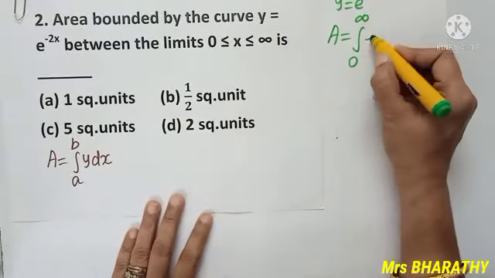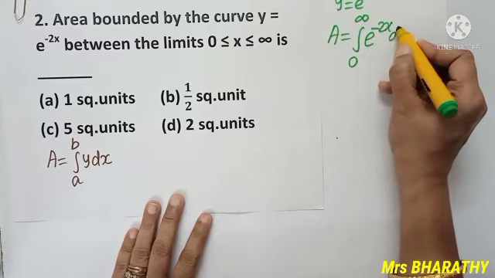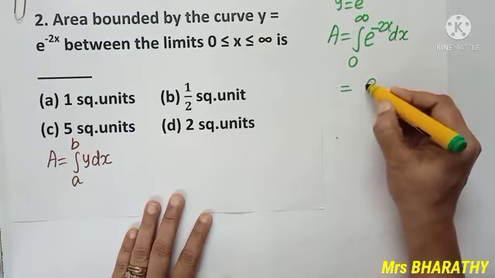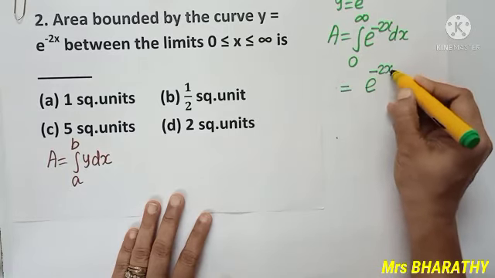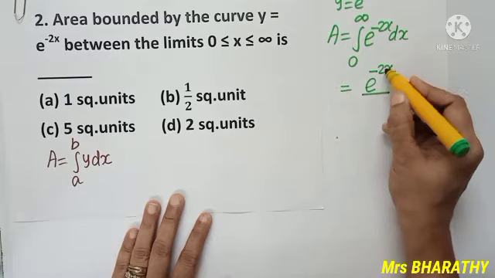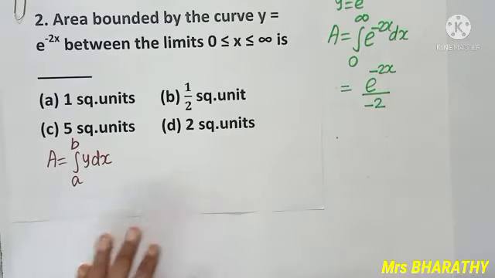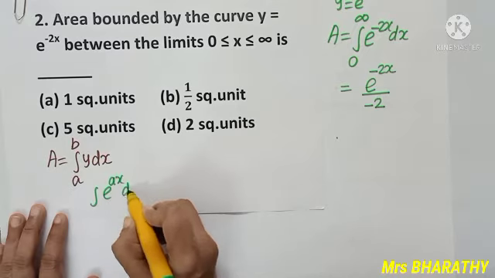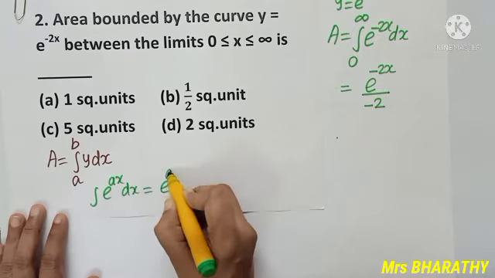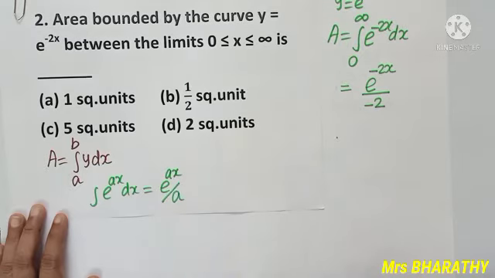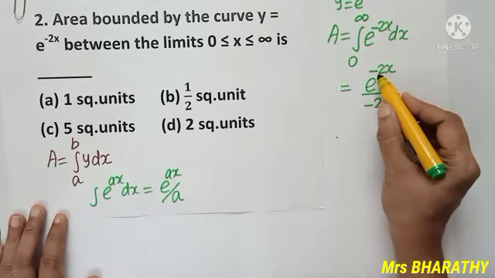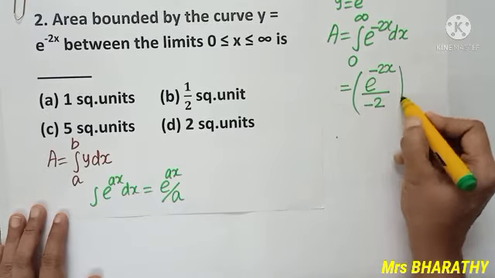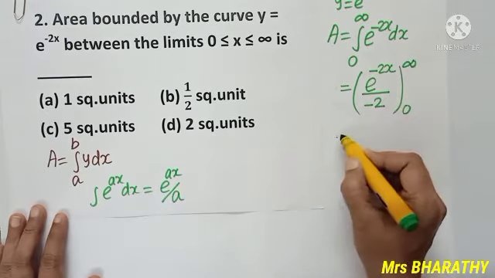Y is e power minus 2x dx. As we integrate, e power minus 2x becomes e power minus 2x by minus 2. Recall the formula: integral e power ax dx is e power ax by a. Here a value is minus 2, so e power minus 2x by minus 2 between the limits 0 and infinity.